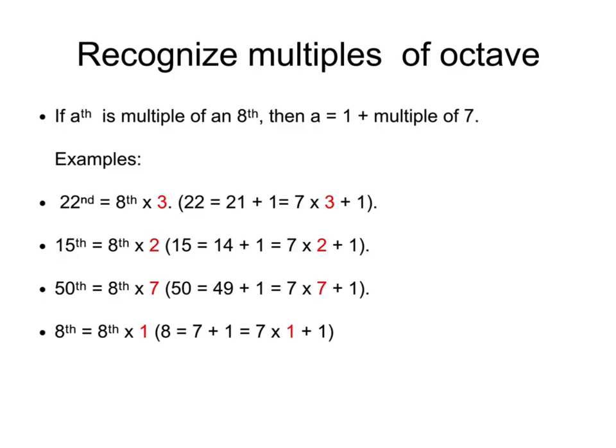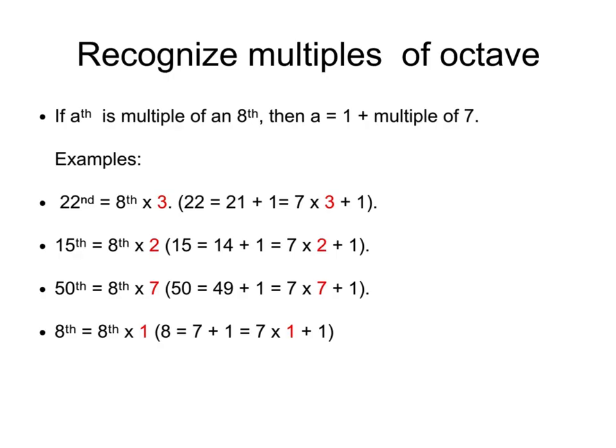You look at those examples, and you can easily recognize a multiple of an octave because the number you see will always be 1 more than a multiple of 7. Not a multiple of a seventh, a multiple of 7. A multiple of a seventh is not necessarily a multiple of 7. This is actually true for other intervals.